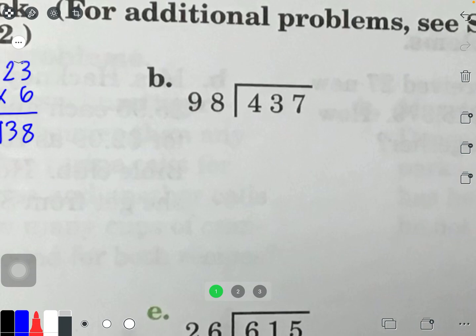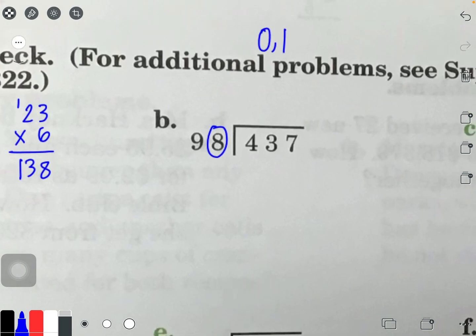So here's letter B. Now notice that here, there's an 8 next to the door. Our rule was if it's 0, 1, 2, 3, and 4, it runs away. But here's an 8. It's not scared. So it's not going to run away. But its partner says, yeah, but we got to do our job.